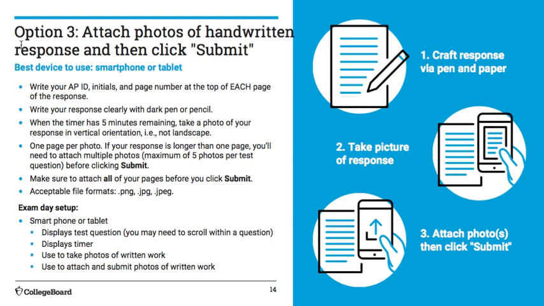The key is you will submit after you have uploaded all of the photos relevant for your question. So if you have 3 pages and you've taken 3 photos, you should submit 3 photos and then hit the submit button. Once you hit submit, you are done. Now the only file types that we'll accept are these 3.